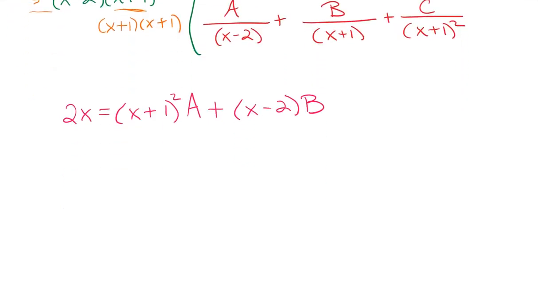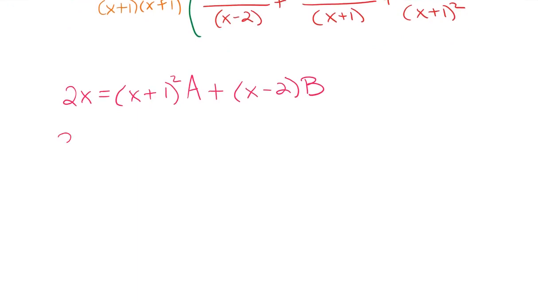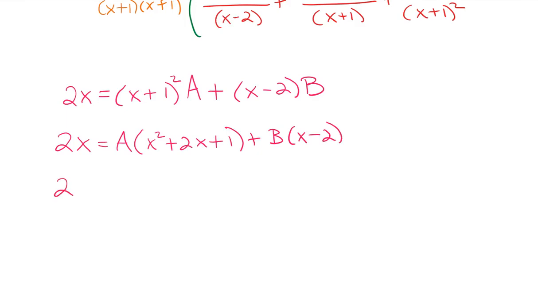Well, what happens now when we distribute everything? We'll get a 2x, and this will be equal to A times (x squared plus 2x plus 1) plus B times (x minus 2), and now if we distribute everything, we get Ax squared plus 2Ax plus A plus Bx minus 2B.